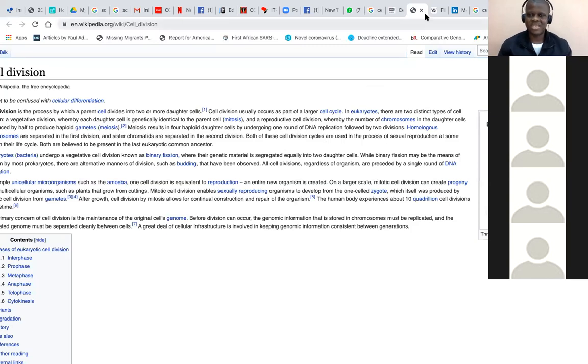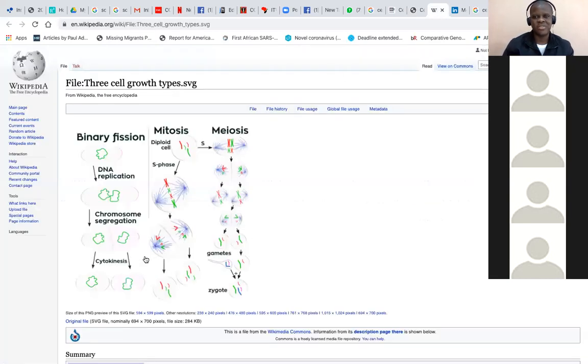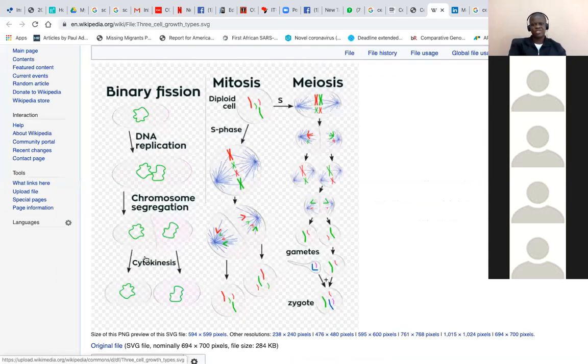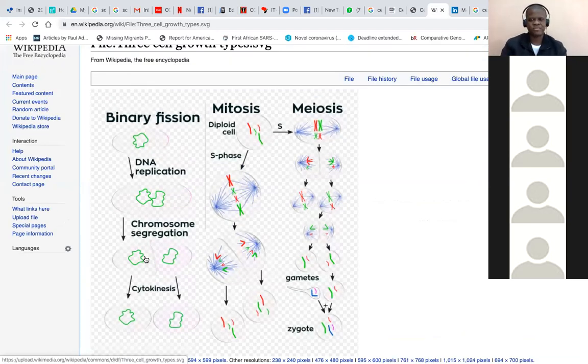What I'm trying to say is that there are 2 distinct forms of cell division. We have the vegetative ones, for instance, what we are looking at on the screen. Those are the 2 various methods of cell division. We have the vegetative one, which is binary fission. In binary fission, it's like it's just cutting itself into 2.